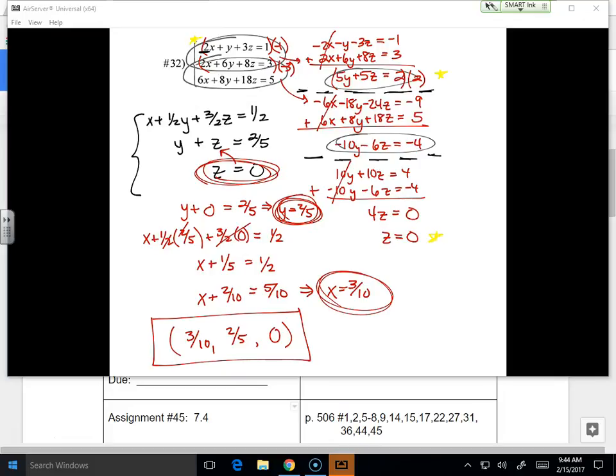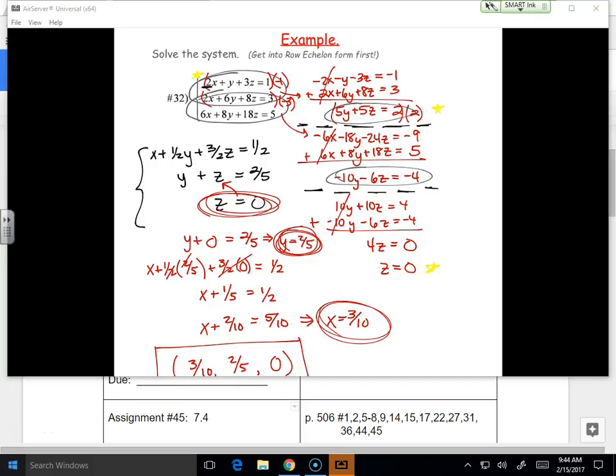I took my 3 keepers, you see them, my yellow stars, and what I did was technically in a stair step for row echelon form, you're not supposed to have a leading coefficient of anything other than 1. So I multiplied this whole equation by 1/2 in order to get a leading coefficient of 1. This one, I need another leading coefficient of 1, technically to be in the right form.